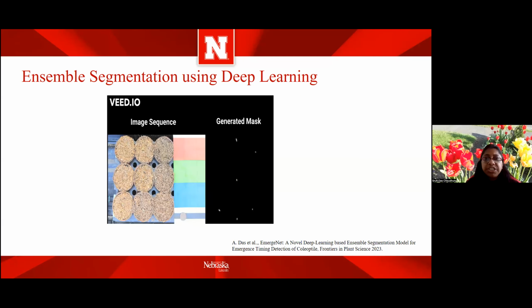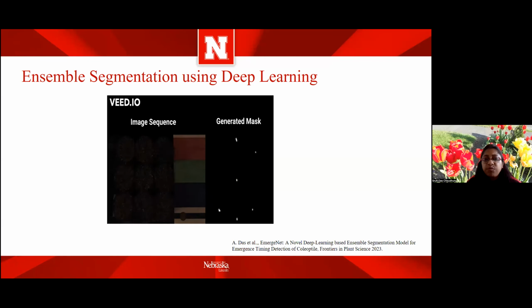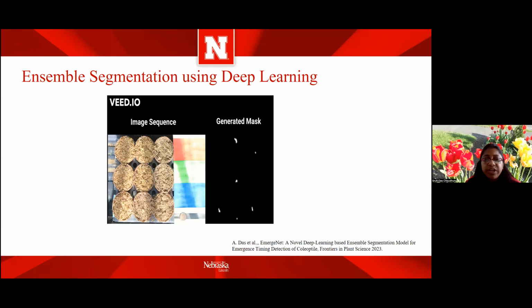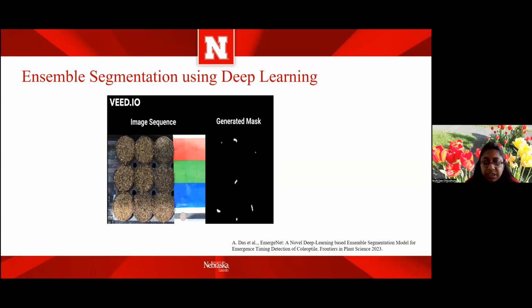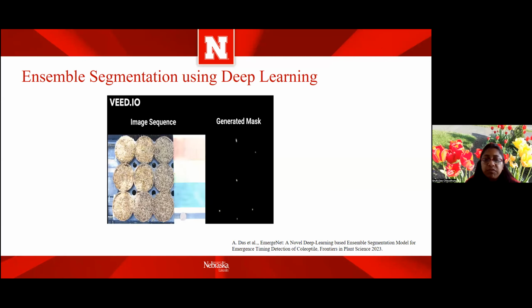Ensemble segmentation using deep learning. Now, what is the solution? If we have very tiny coleoptiles, a huge illumination variation, and a very cluttered background, how could we obtain this segmentation? Now, segmentations, as I mentioned in the beginning, can be learning based and traditional.